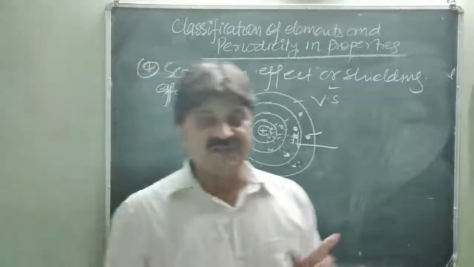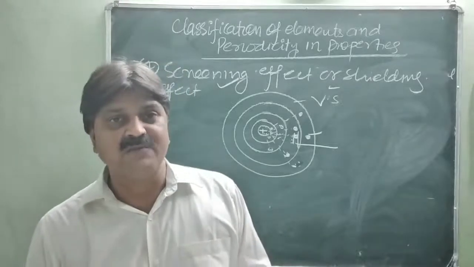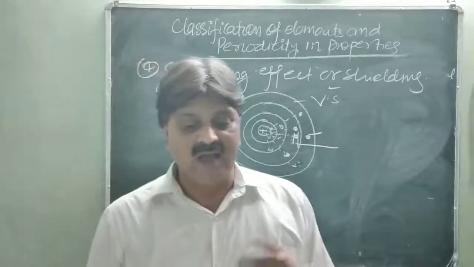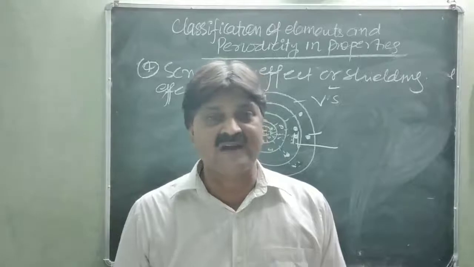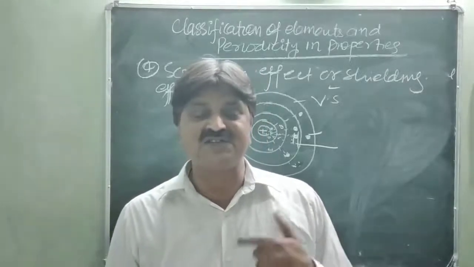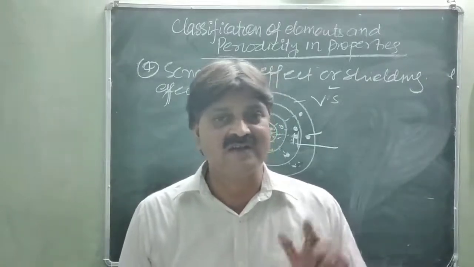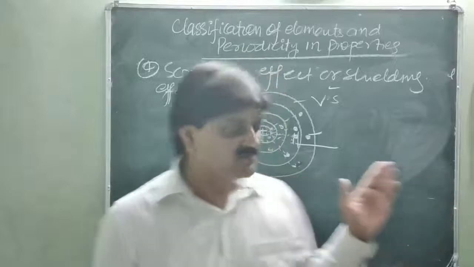I repeat it. The existence of the inner shell electron between the valence shell electron, or the outermost electron, and the nucleus means this inner shell electron acts as a screen for the valence shell electron. This is called the screening effect or shielding. Shield means cover.